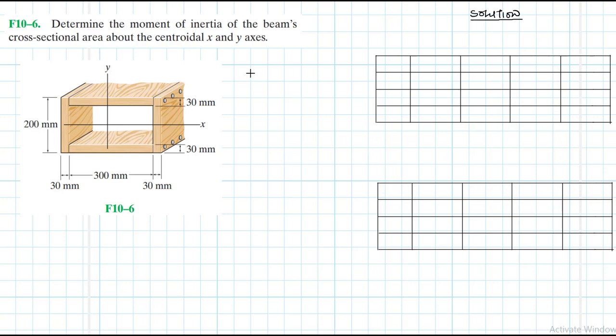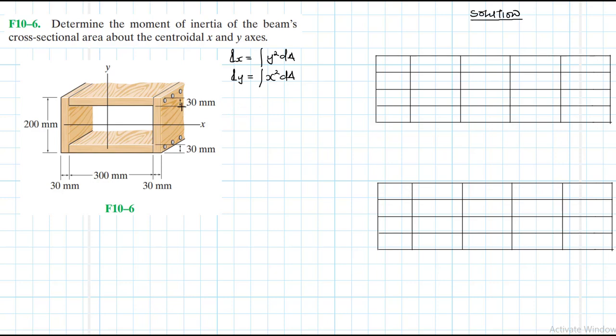Mathematically, moment of inertia about the x-axis is I sub x, which is equal to integral of y squared dA. Moment of inertia about the y-axis is defined as I sub y, integral of x squared dA.